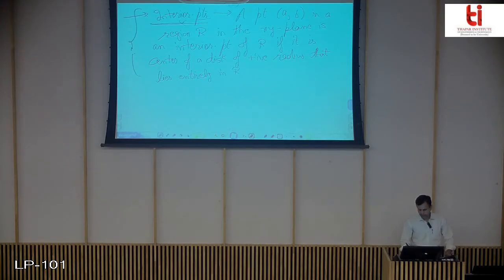Interior point, for an example, what it says is that if you have a region R, say region R is somewhat like this one. Region R is basically a surface.